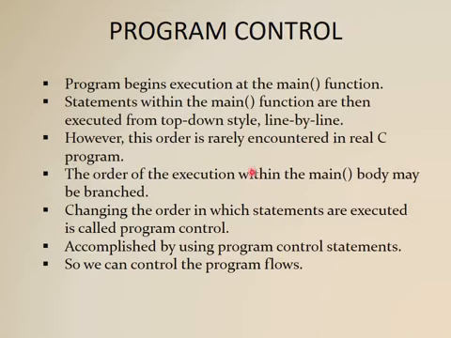The order of the execution within the main function or the main body may be branched, and changing the order in which the statements are executed is called the program control. It is accomplished by using the program control statements, so we can control the program flow using the control statements or the flow control statements.